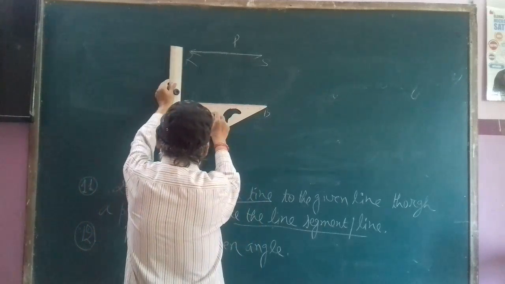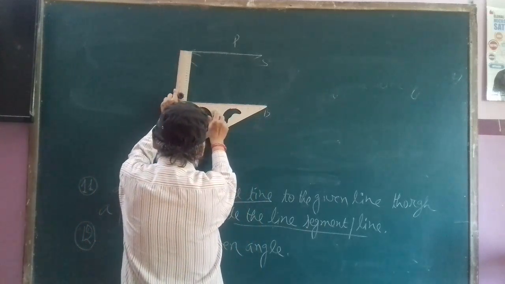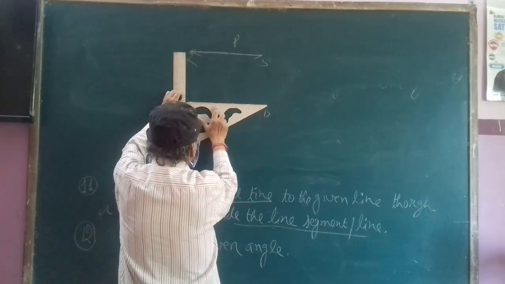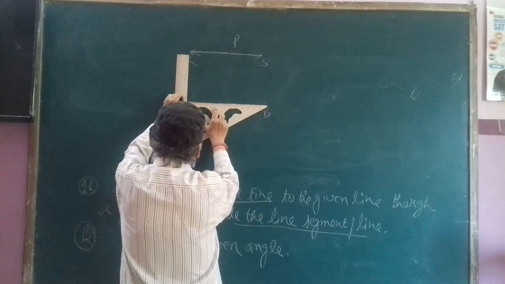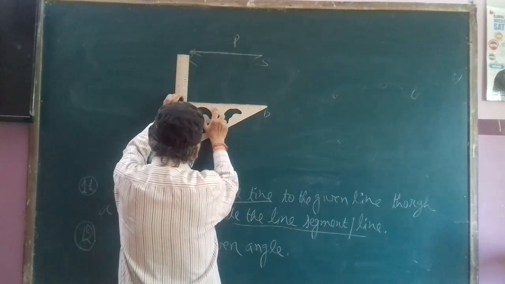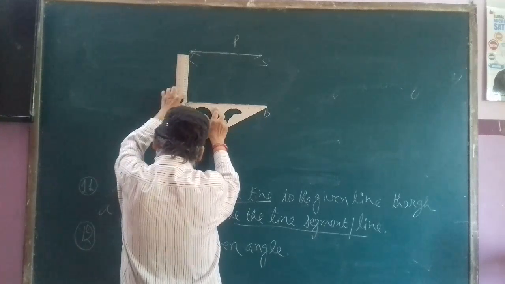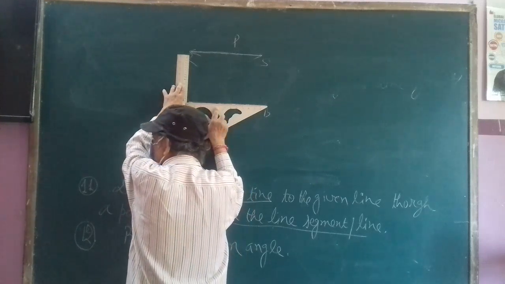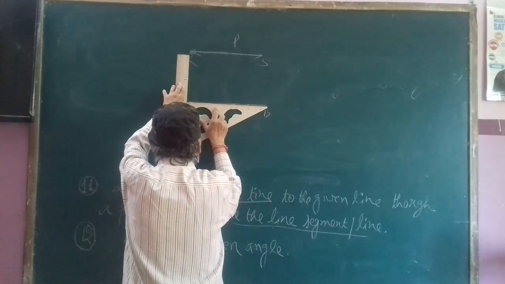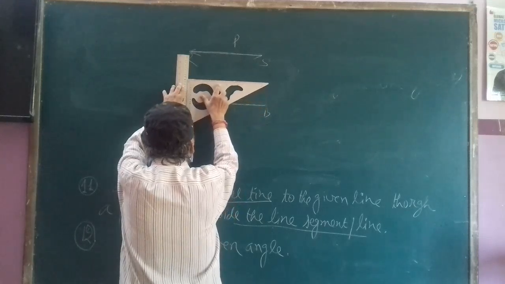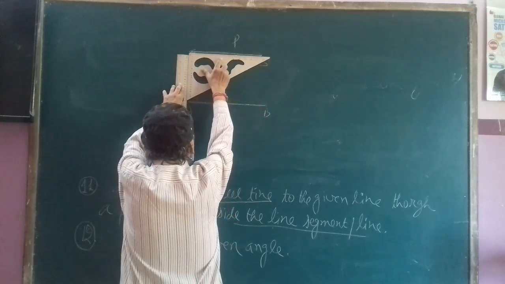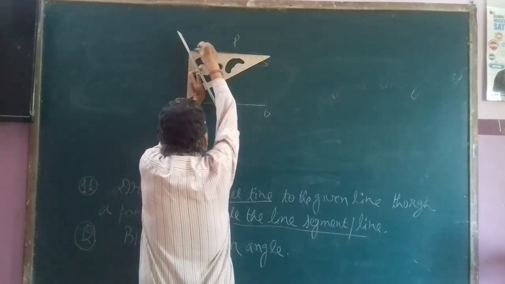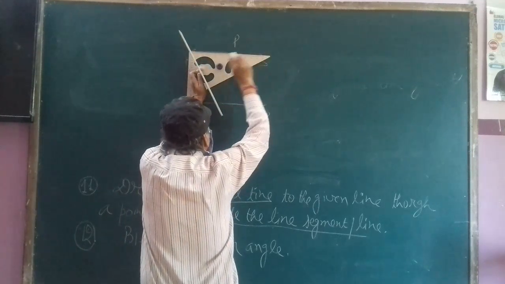Then take your scale and align the scale with the set square. Then hold it firmly, tightly, with the left hand, so that it should not be disturbed. Then slide it to P. After reaching P, you draw the line.